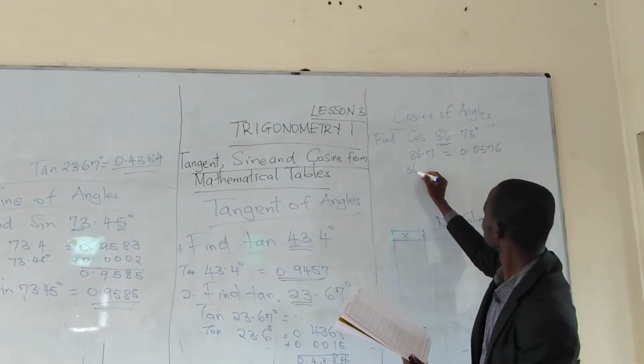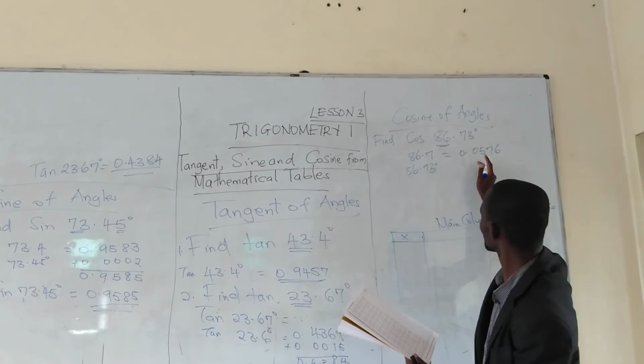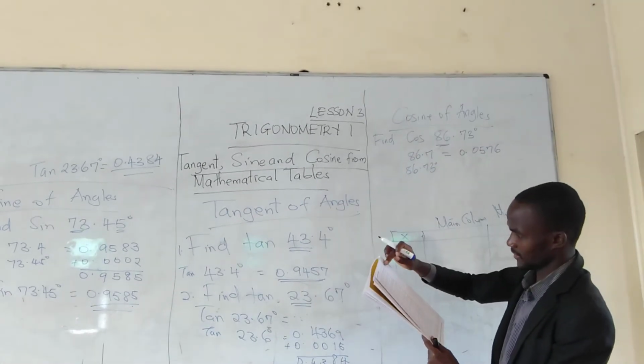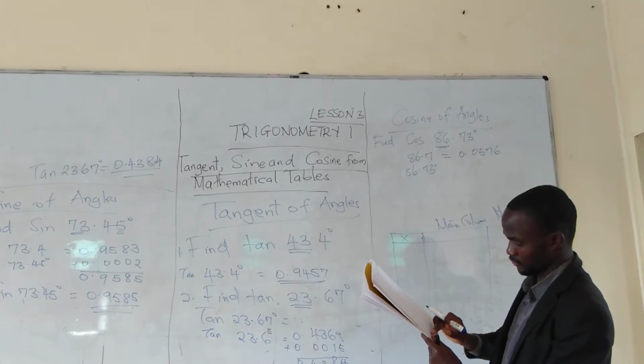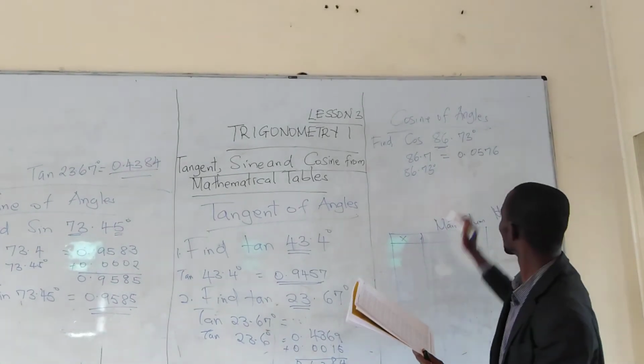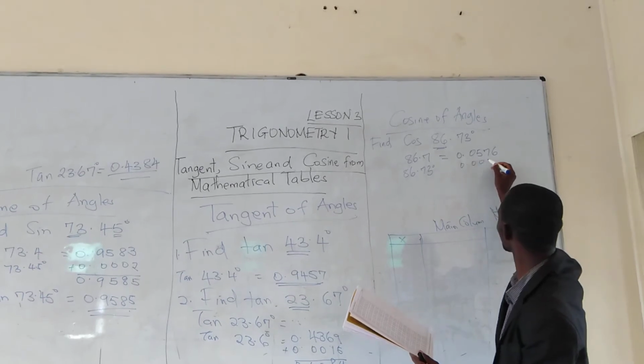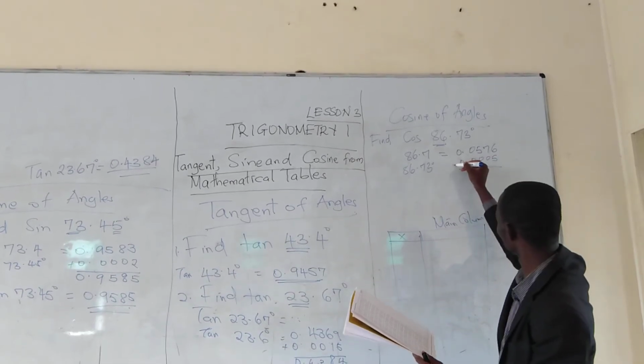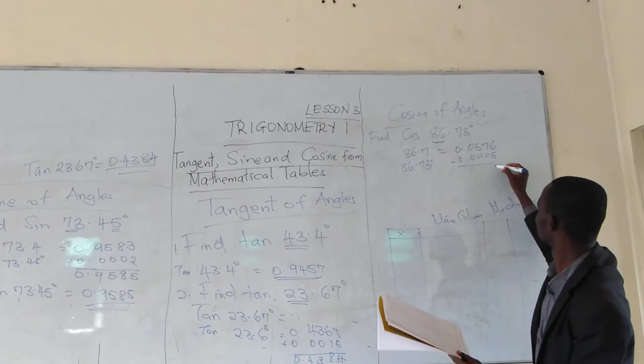For 86.73, we bring in the bit of 3, go down until you meet row 86. We have 5, so it's basically 0.0005, and remember we are subtracting.